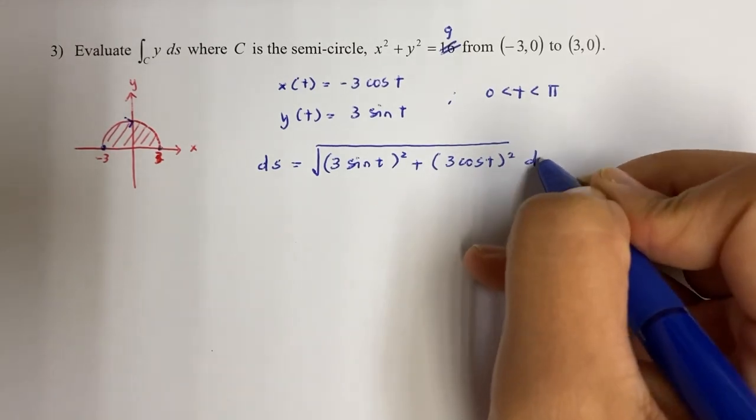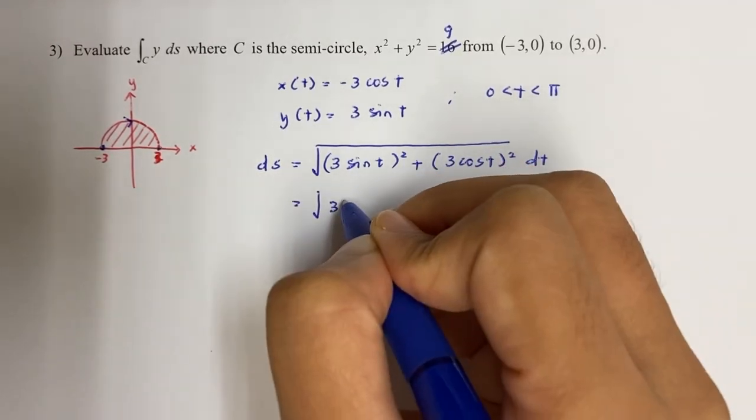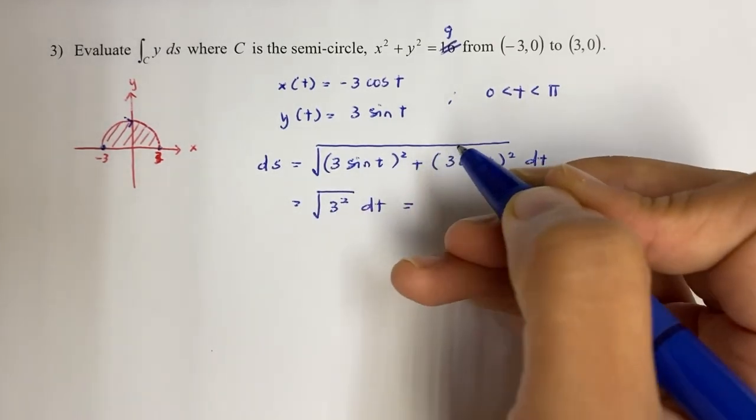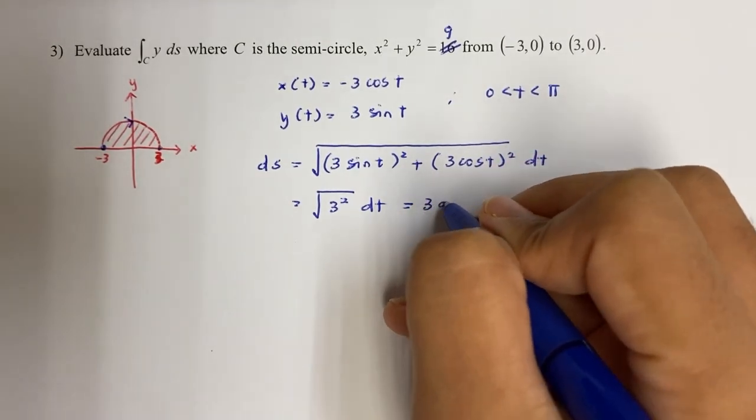And then my dt here, so I have 3 squared dt, because sin squared t plus cos squared t is obviously equal to 1. So I have 3 dt.